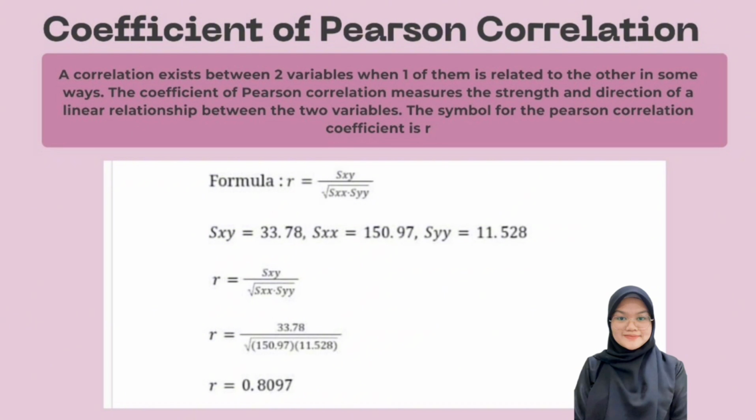So r equals Sxy divided by square root of Sxx times Syy, so equals 33.78 divided by square root of open bracket 150.97 close bracket times open bracket 11.528 close bracket, and we got 0.8097.